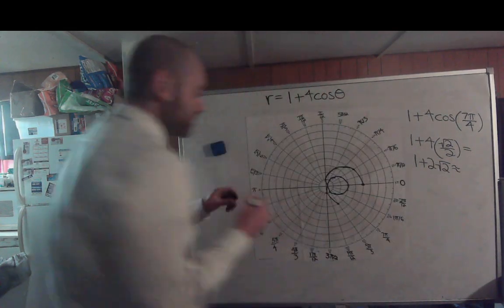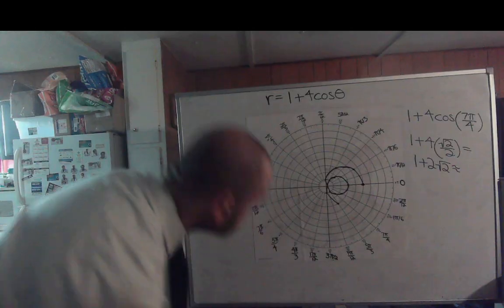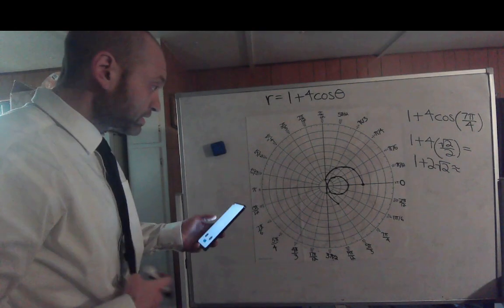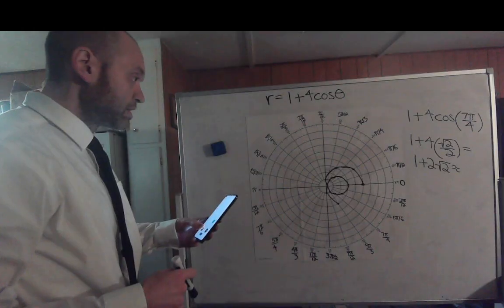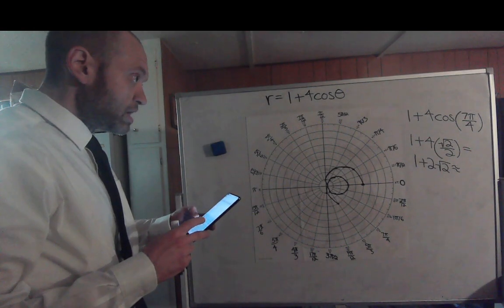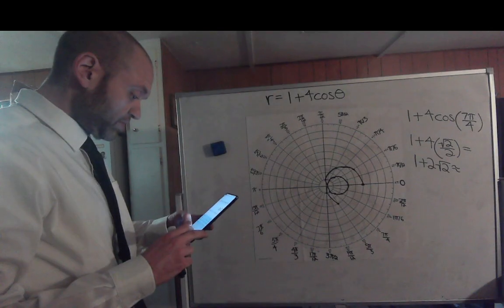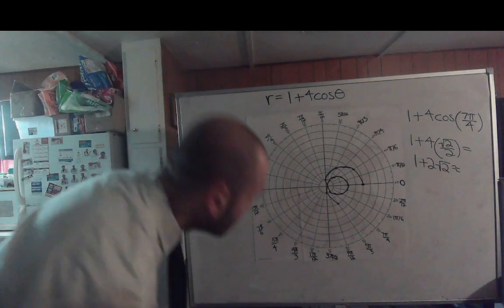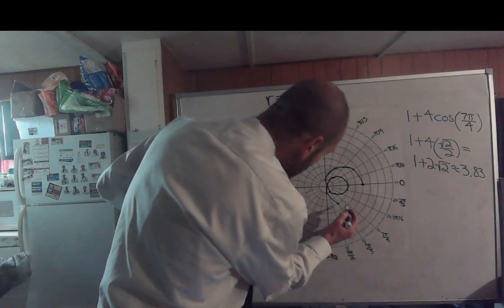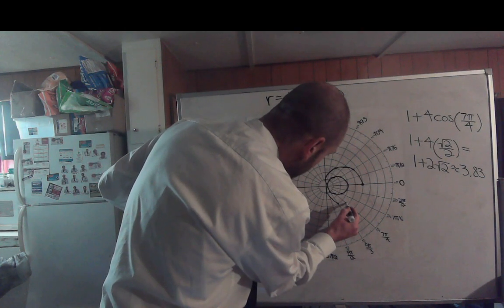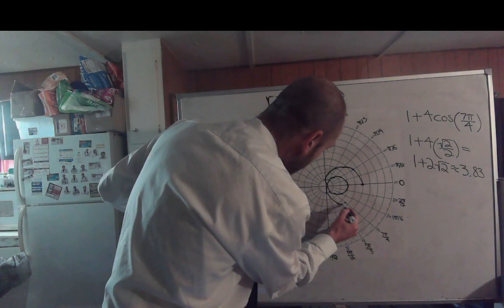Let's see what our decimal approximation gives us. So 2 times the square root of 2 plus 1, that's about 3.83. So that'll put me about right there for 7 pi over 4.